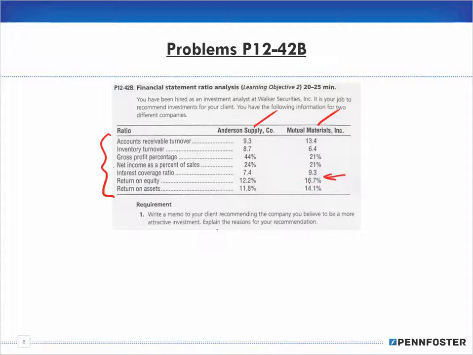Number 2 says the return on equity exceeds its return on assets by a wider margin. The difference between these two numbers, the return on equity versus return on assets, is a wider margin here. That means the company is doing more with its borrowed money.